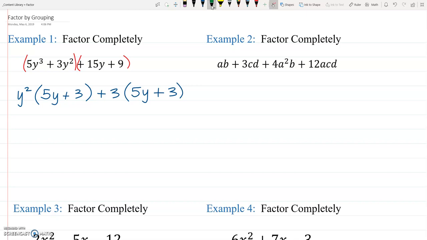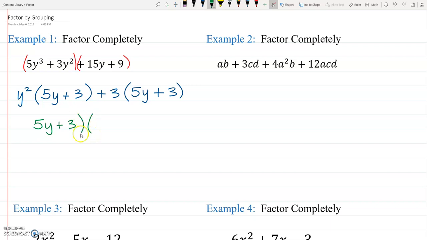Both of these terms have something in common, yes? Both of them have a 5y plus 3 in common, so I can use greatest common factor and factor out what they both have in common. So I'm kind of doing greatest common factor again. So if they both have a 5y plus 3 in common, I'm going to write my 5y plus 3 out front, and I'm going to write what's left.